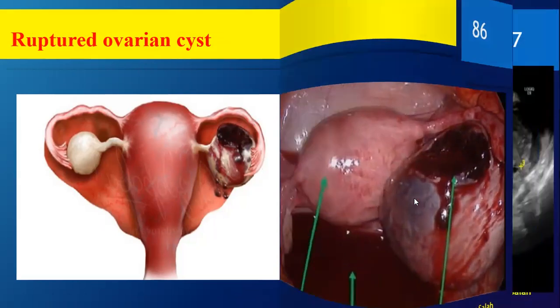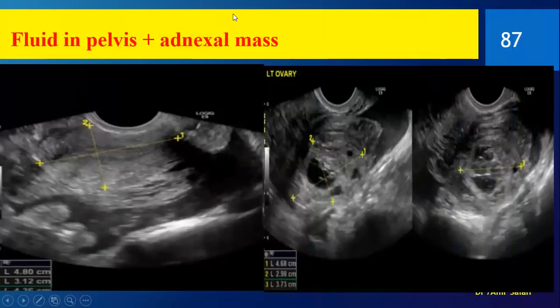This is how it looks by the ultrasound. We have fluid in the pelvis and then an adnexal mass. The adnexal mass looks rather weird. So we have the ovary, we see it by the follicles, and we have here an irregular shaped cystic lesion.